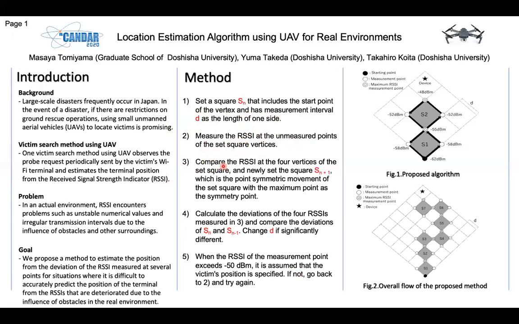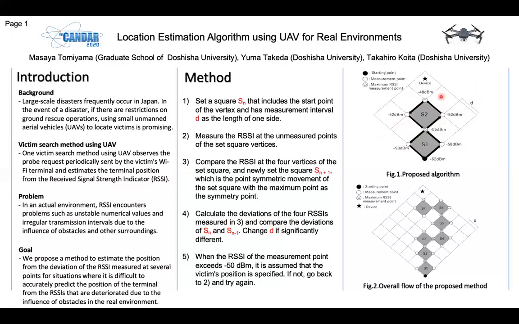3. Compare RSSI at the 4 vertices of the set square and newly set the square Sn plus 1, which is the point symmetric movement of the set square, with the maximum point as the symmetry point. 4. Calculate the deviation of the 4 RSSIs measured in 3 and compare the deviation of Sn and Sn minus 1.